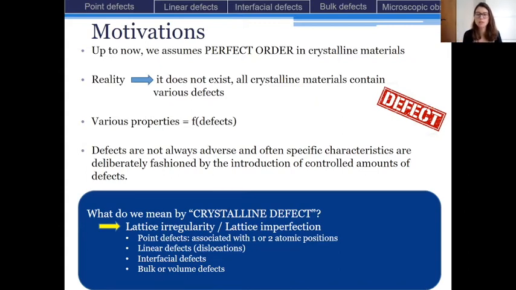So what do we mean by crystalline defects? We mean lattice irregularity, or in other way, lattice imperfection. So we are going to see four kinds of defects. The point defects that are associated with one or two atomic positions, the linear defects that we are going to call dislocations, the interfacial defects, and the bulk and volume defects.